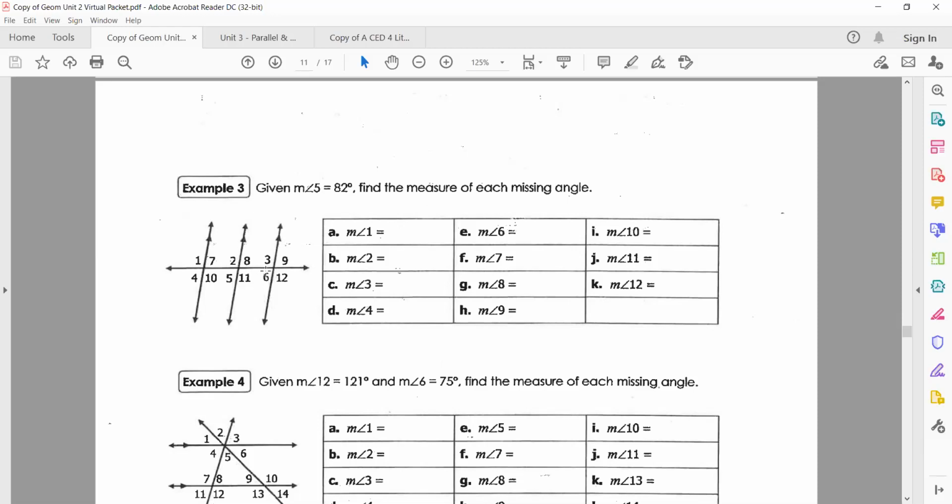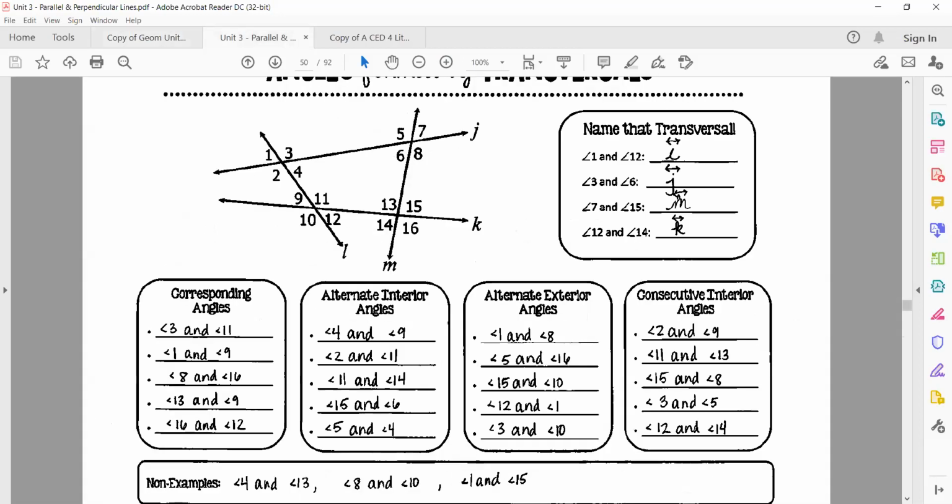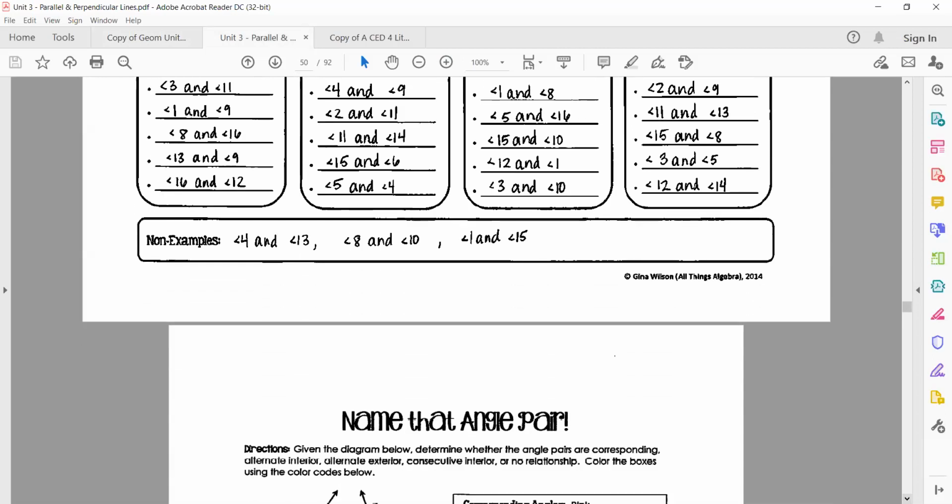So if angle 5 is 82 degrees, angle 8's 82, angle 6 is 82, 9's 82, 4's 82, 7's 82. The others, 11, let's see, 82 from 180, 98. All the rest of those are going to be 98 degrees. How many of you think that's right? Well, let's see.